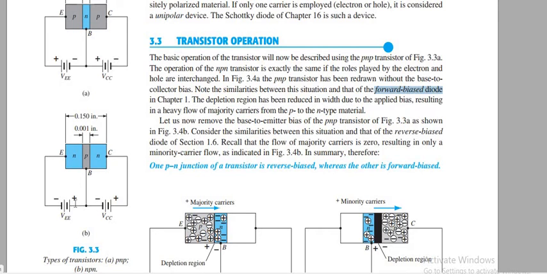Another thing that should be kept in mind, that this input part, low resistance input part, in fact the battery is connected with the emitter terminal. So the potential difference or the voltage is denoted by VEE. This VEE indicates that the battery is connected with the emitter terminal.